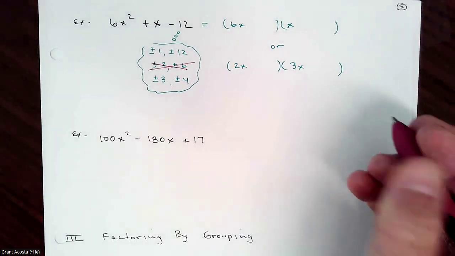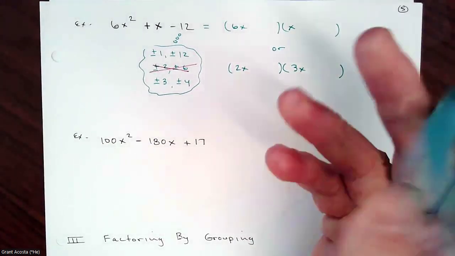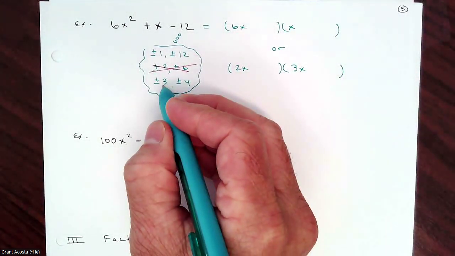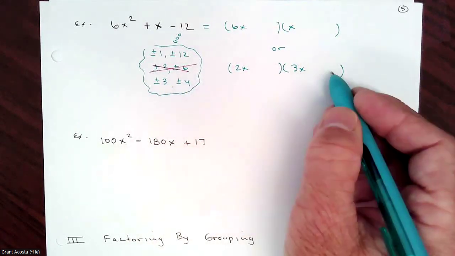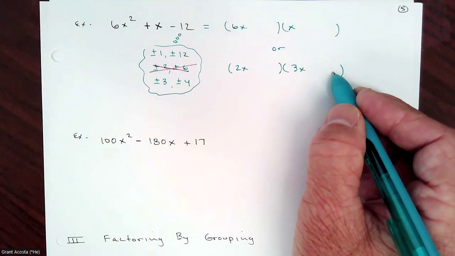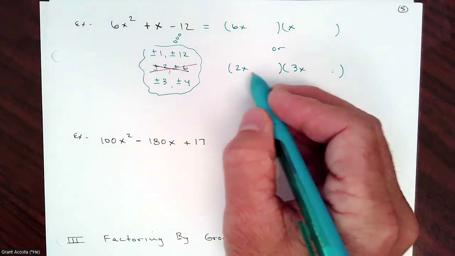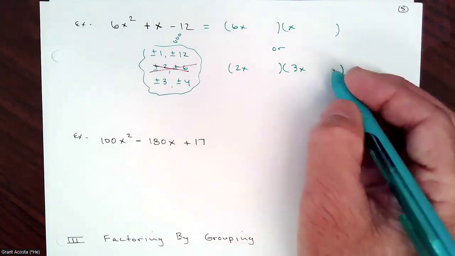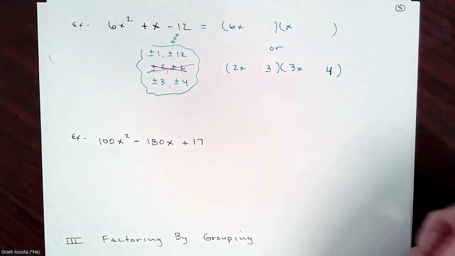Okay. So you go with the 2x and the 3x. If I was using 3 and 4, you can see there's a problem both ways. I can't put the 3 there, because I have a common factor of 3. And I can't put the 4 there because I have a common factor of 4. So if it was going to work, the only way it would work is if the 4 goes there and the 3 goes there.